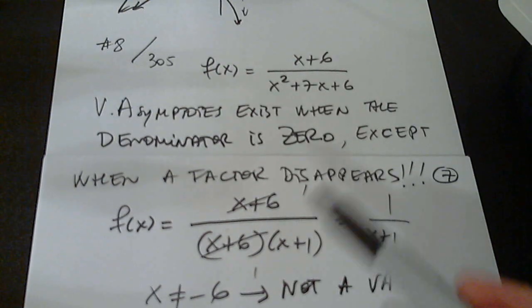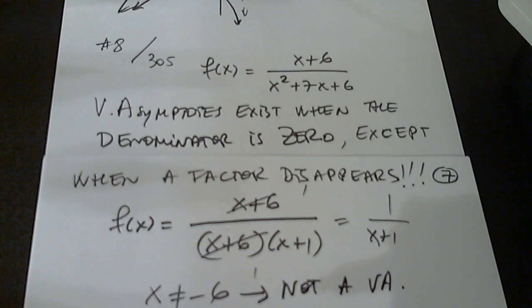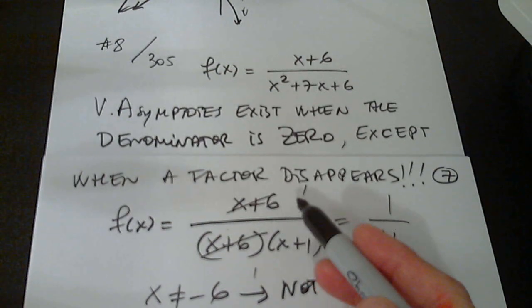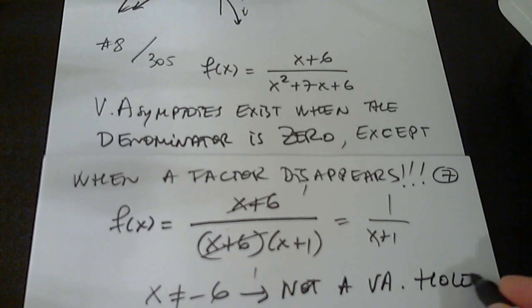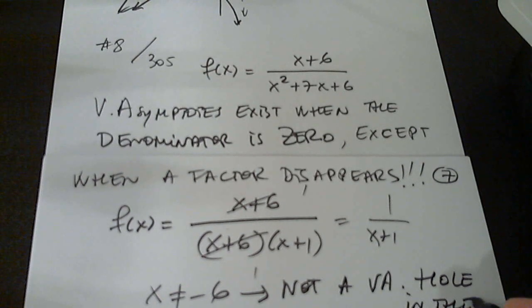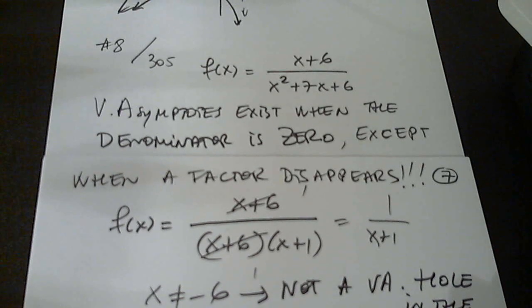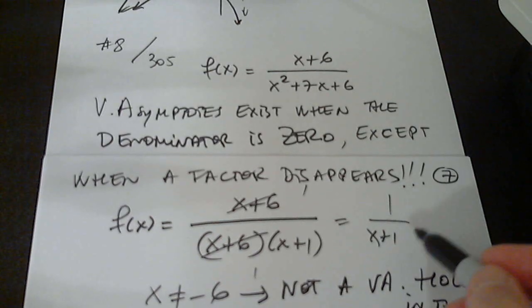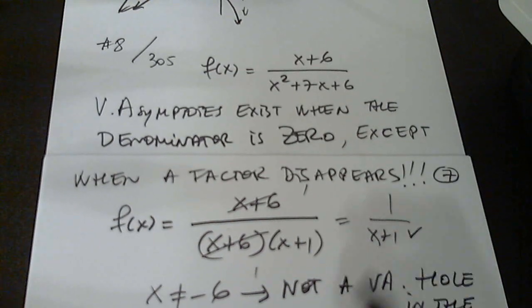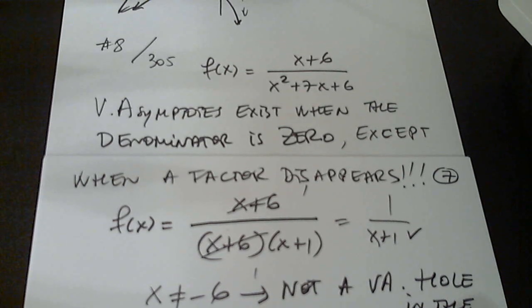I should not write disappeared, but just simplified. It went away. So this becomes a hole in the graph. This is a hole in the graph. This one stays. So x equals -1 is a VA.